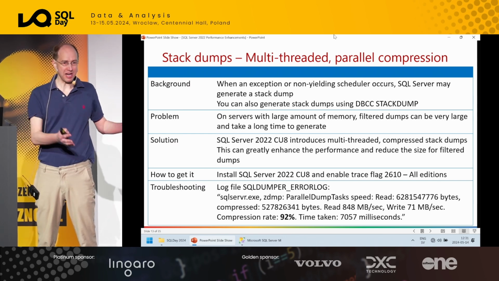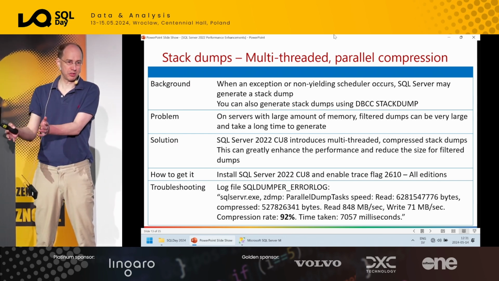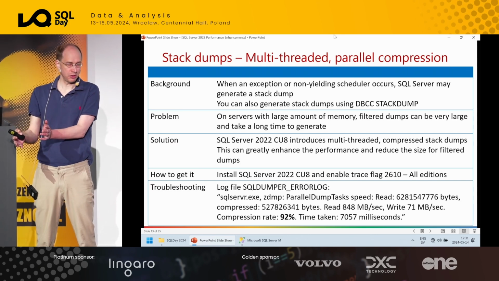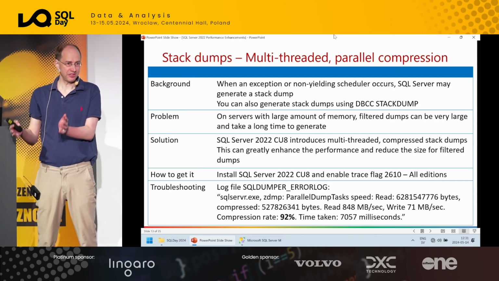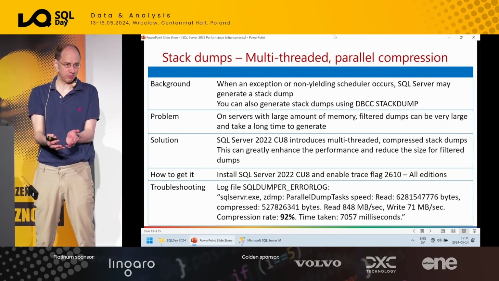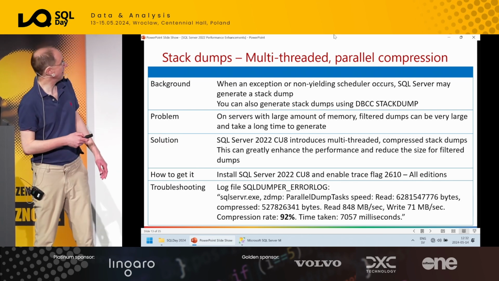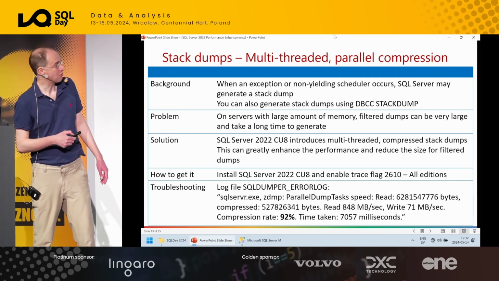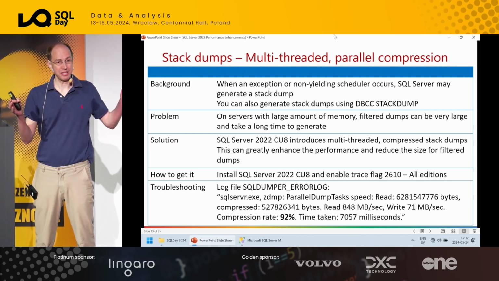There are mini dumps, and you can also enable something called filter dumps. Those filter dumps are much larger and take longer to generate, but they're much more useful for the product group to debug issues. The problem is that they can take a real long time to generate, and they can be real large.